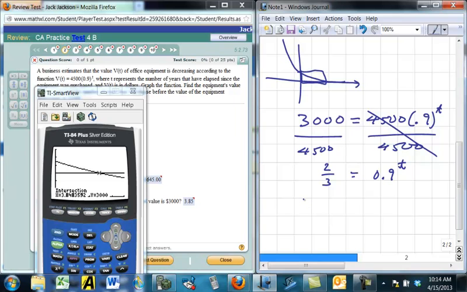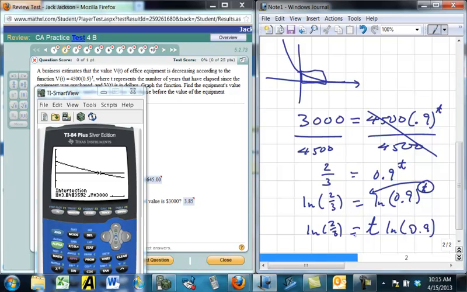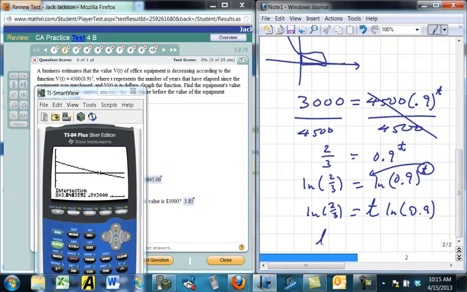Now, take the logarithm of both sides, and properties of logarithms say we can bring that out front, but then it becomes multiplication. And so t is the natural log of 2/3 over the natural log of 0.9.